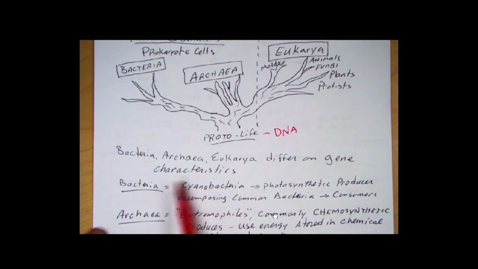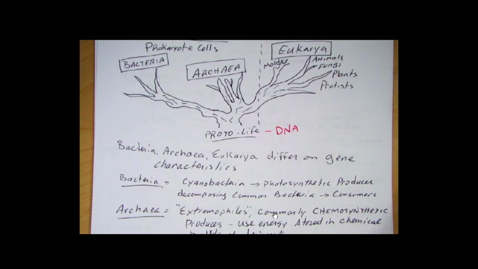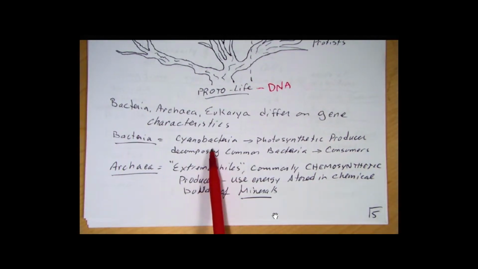The other thing about bacteria, archaea, and eukarya is that they differ on the gene characteristics. Remember, genes are segments of the DNA molecule, and those segments have the genetic information to build the organism, right? And so one thing about bacteria, there's one type called cyanobacteria, which are important. They're photosynthetic, they're producers, they do photosynthesis.